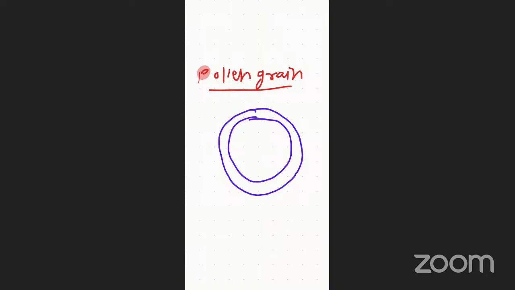It is a single cell, unicell, remember. The microspore or pollen grain is a unicell, and it is covered by two layers. Already you know, the outer one, exine, and the inner one, intine. And the nucleus, let's see the color.